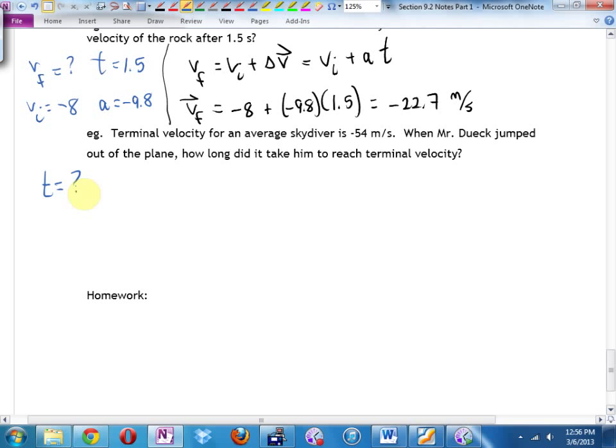When I jumped out of the plane, was I in free fall? Well, then I know A is negative 9.8, if I ignore air resistance. What's that negative 54? It's a velocity. Initial or final?